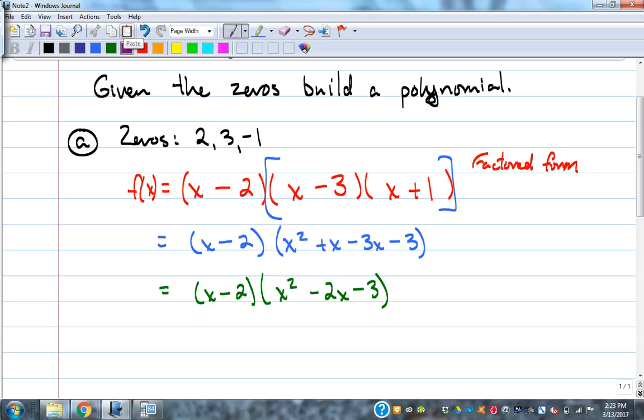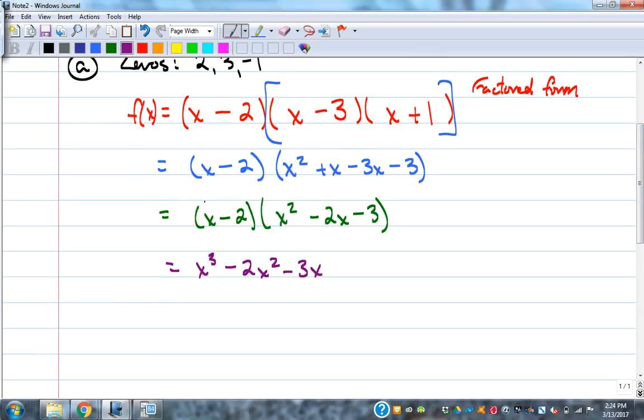And then just multiply this by that. That'd be x cubed minus 2x squared minus 3x, and then multiply the -2 through everything. That's a -2x squared, positive 4x, and a positive 6. x cubed minus 4x squared plus x plus 6.